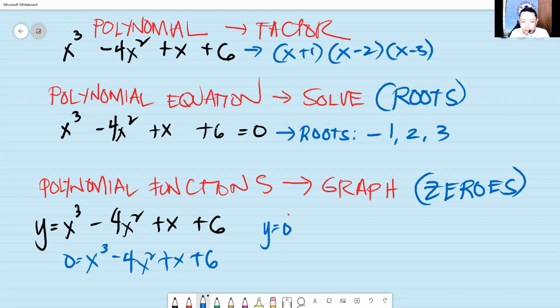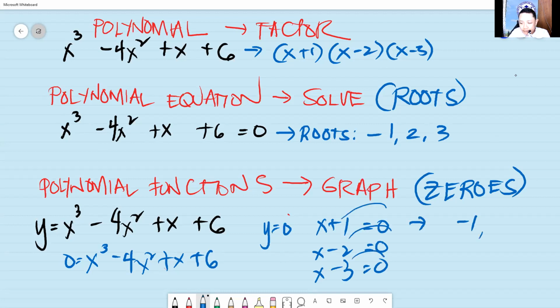Therefore, all the factors, we have x plus 1, x minus 2, and x minus 3 are all equated to 0. Kasi function na siya eh. They are all equated to 0. Then the zeros are, and then of course, solve. This will become -1, 2, and 3.